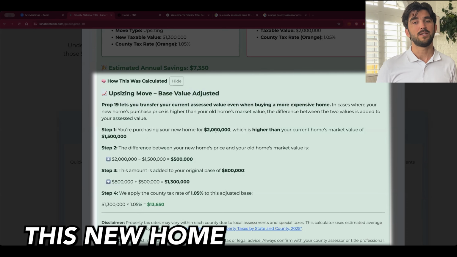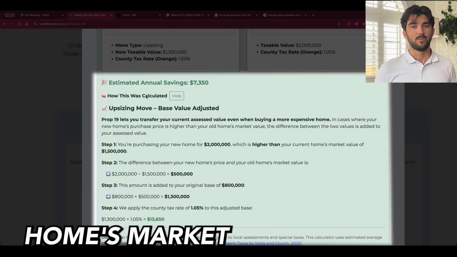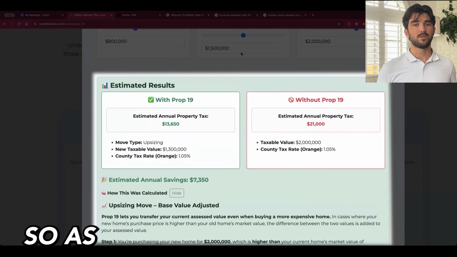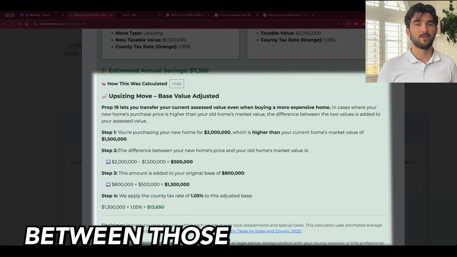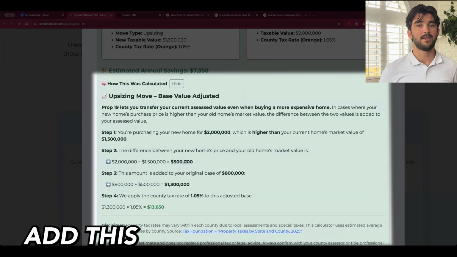So let's say you're purchasing this new home for $2 million, which is higher than your current home's market value of $1.5 million. As we looked at here, we'll take the difference between those two numbers. That's $500,000.